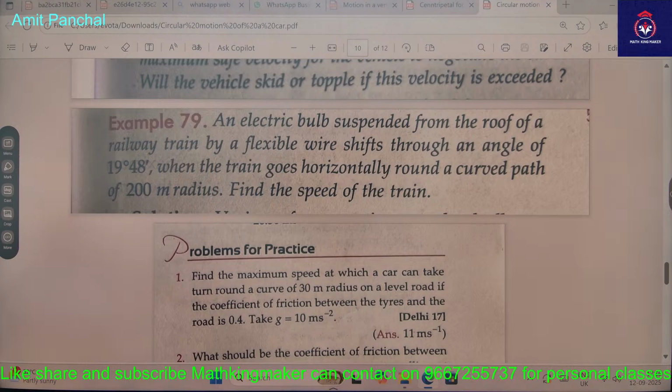Not able to draw the FBD, but I think I'm looking at the wrong FBD. Just show me. Yes, I get it.